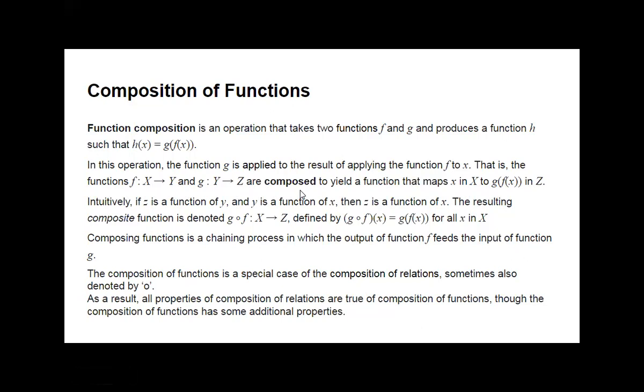So here if we consider function f is from x to y and g is from y to z, the composition, how they are composed, maps x to g of f of x, and we will see that value in set z. Okay, in set z, this one.